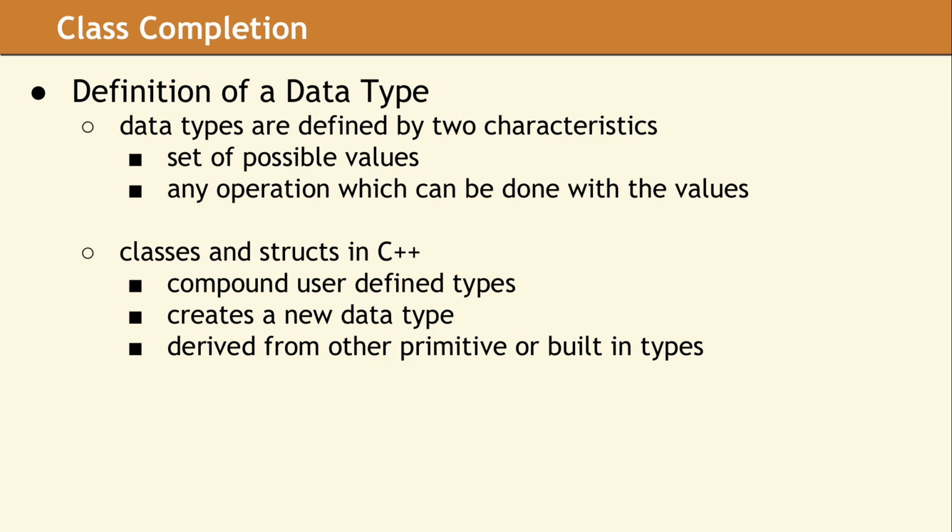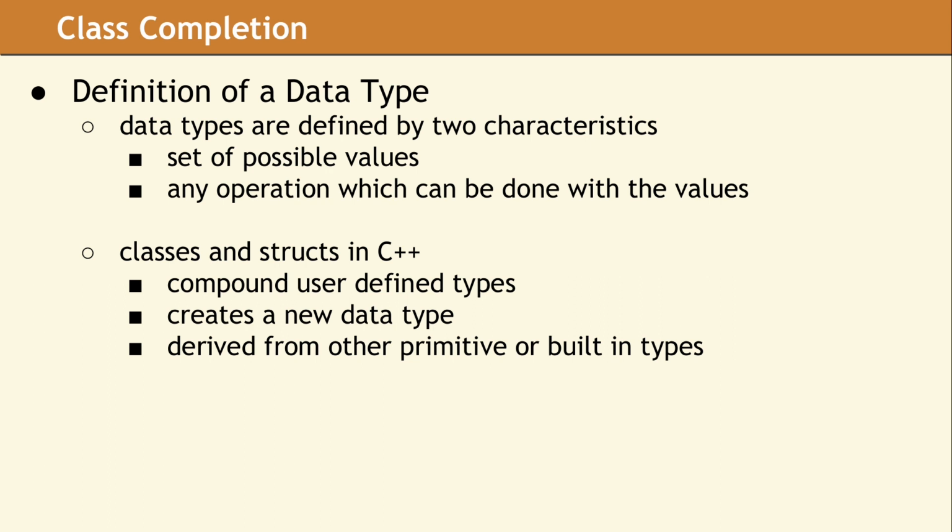Let's start by doing a quick review of the definition of a data type. This is important since a class is the most obvious way to create a new data type. The computer science definition of a data type consists of two distinct parts. There is the set of possible values the type can contain, and then we have the operations which can be used with the given set of values.